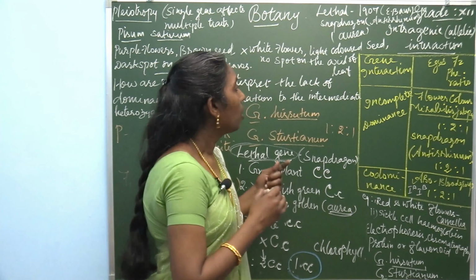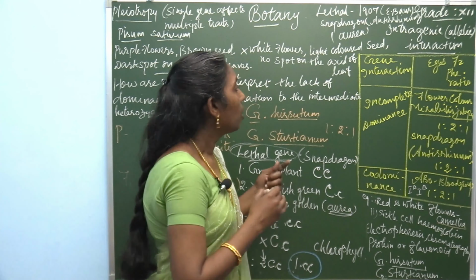So, now the question is: intragenic interaction, what are the examples? Incomplete dominance, codominance, lethal gene and pleiotropy. There are 4 different examples. So, it should be clear to you.